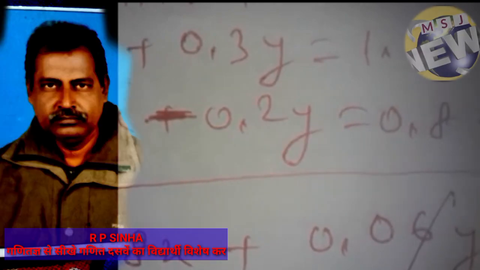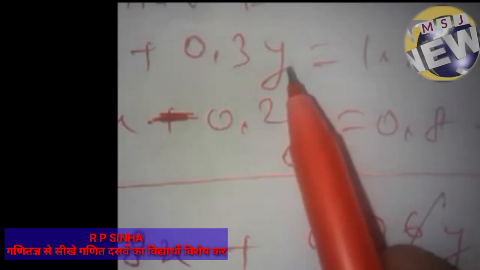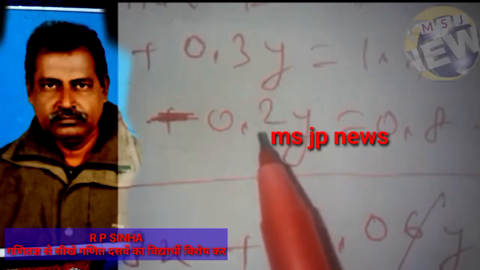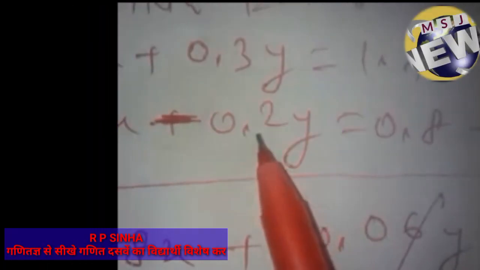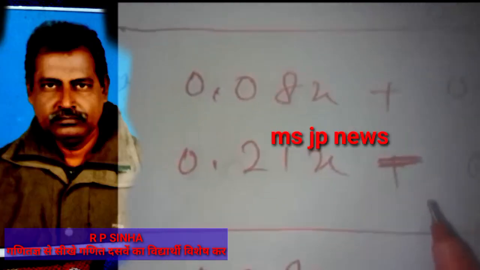Now when we multiply equation number 1 by 0.2 and equation number 2 by 0.3, we get equation number 3 and equation number 4.